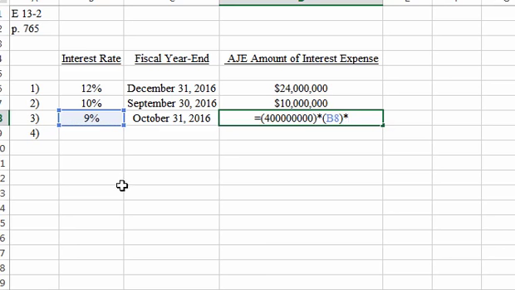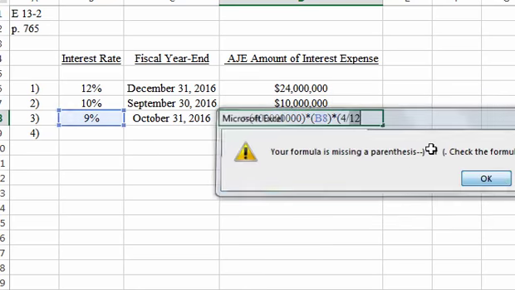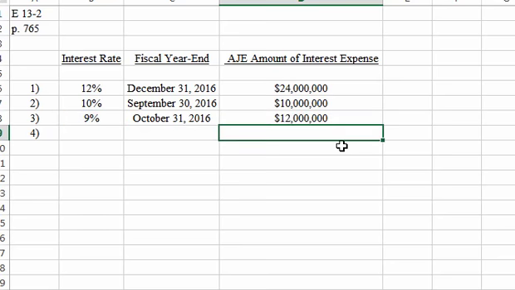Well, here's July, August, September, and October, so 4 months divided by 12 months in the year. So 400 million times 9% times 4 over 12, or 4 months in the year covered by that note by year end. 9 months total, of course. We're just calculating how much interest expense has accrued or built up on these notes payable by the company's fiscal year end. So there we get 12 million.